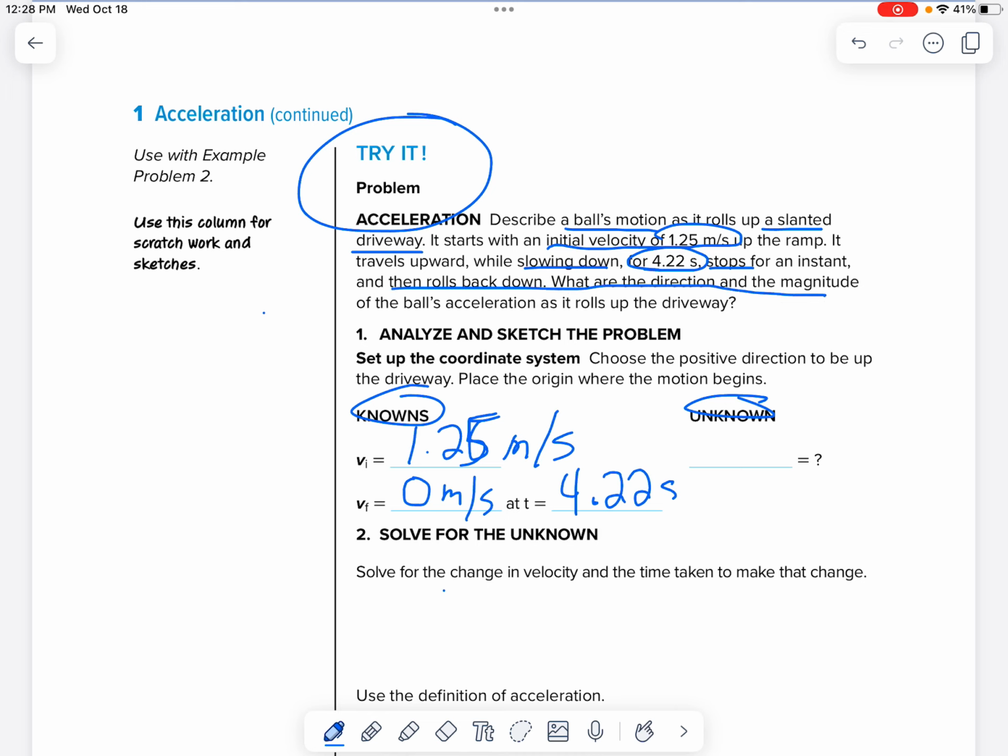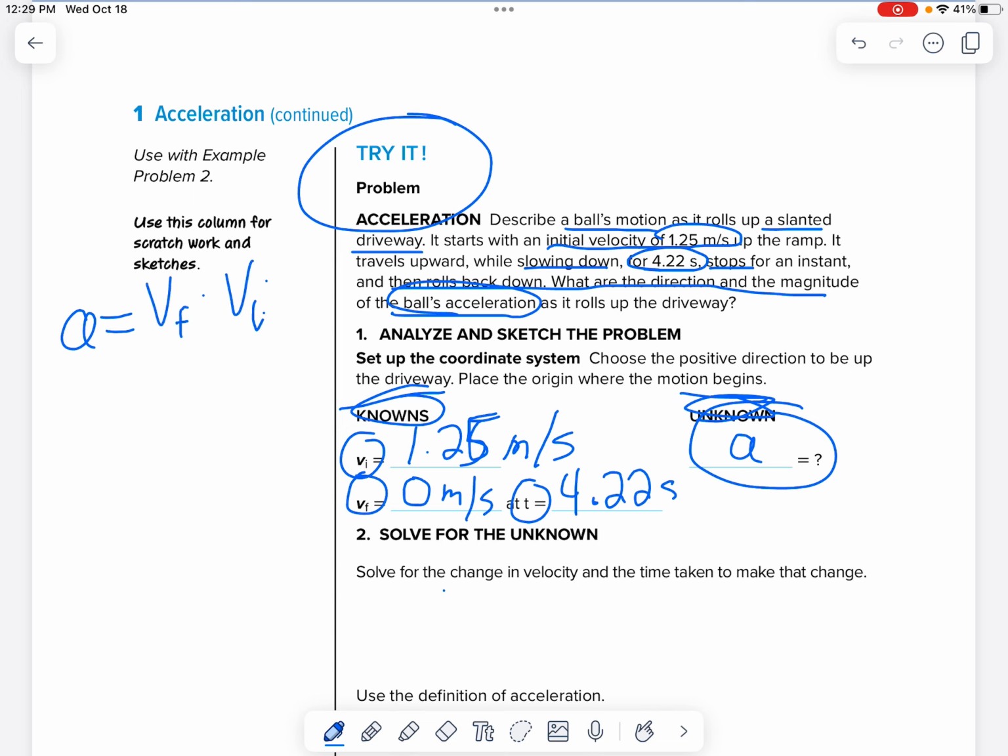We are asked to find the acceleration. So A is what we're trying to find out. I look at my variables, my knowns and my unknowns, and I figure out I need an equation that has acceleration, final velocity, and initial velocity in it, and time. Well, the definition for acceleration is the change in velocity, final minus initial, divided by the time.